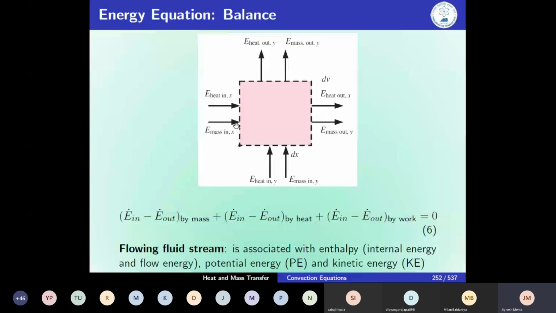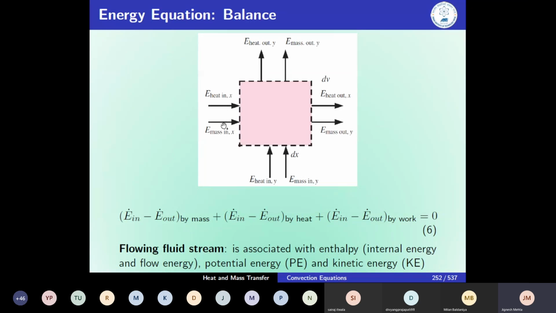Now, when mass enters, it carries some enthalpy or energy with it, and similarly the mass leaving takes away some energy or enthalpy with it. And the heat is entering from the boundary, not along with the mass, right?